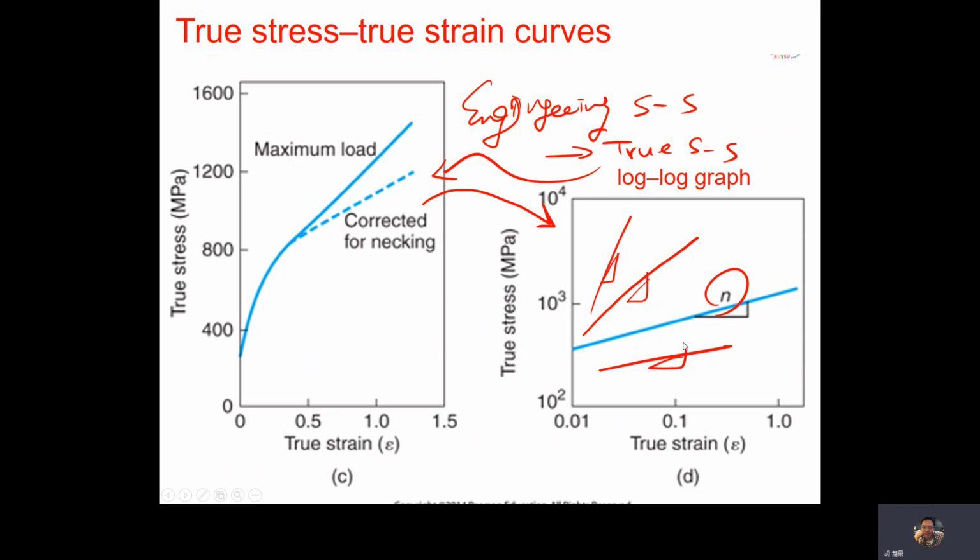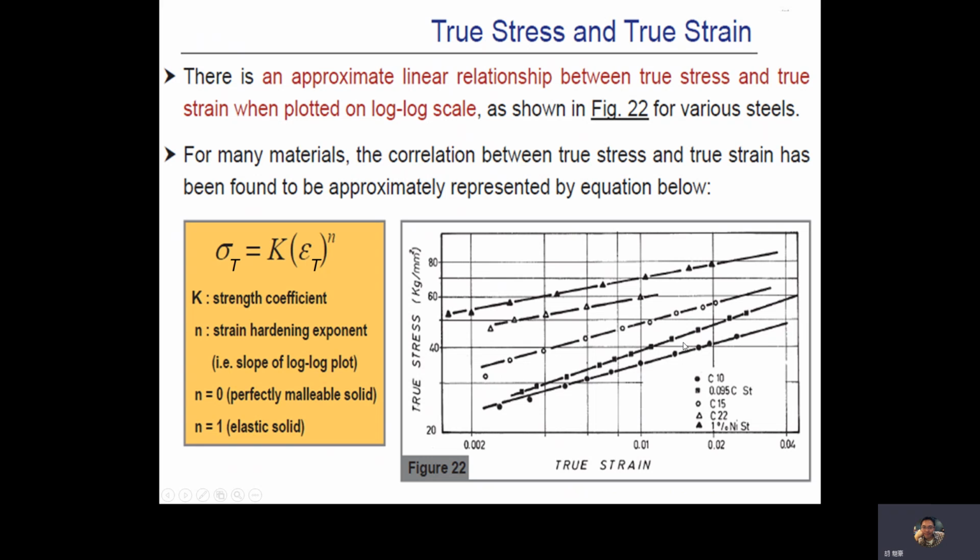For different materials, we can get a different linear relation of the true stress strain curve. So we can get this and this and this, and this. So this figure can be an index for our product.